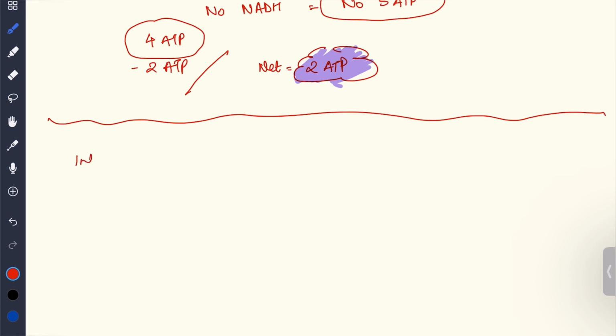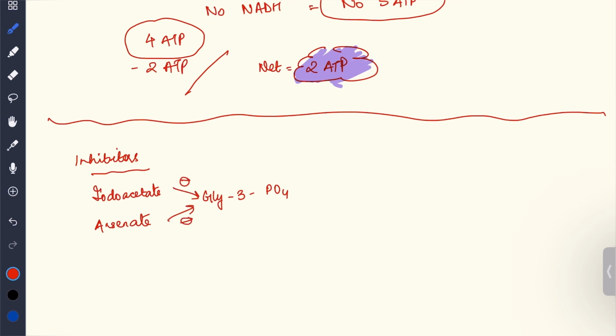My next thing is, I will learn about some inhibitors. Inhibitors are very important. We will have to remember these inhibitors. There are two inhibitors for glyceraldehyde 3 phosphate dehydrogenase. The two inhibitors include iodoacetate and arsenate. Now enolase, where was it used?